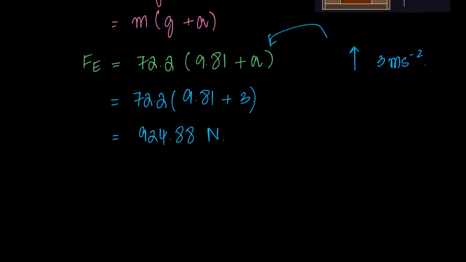And that's the reading on the scale. That's the weight coming out to be, right? Plus, for perspective, let's figure out his actual weight, which is just 72.2 times 9.81. His actual weight is 708.3 newtons.